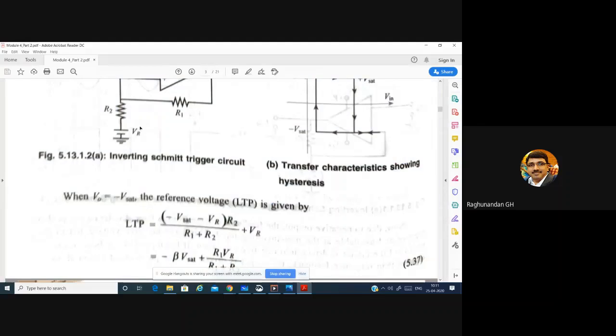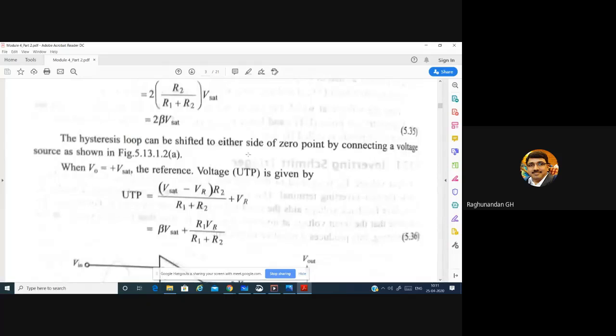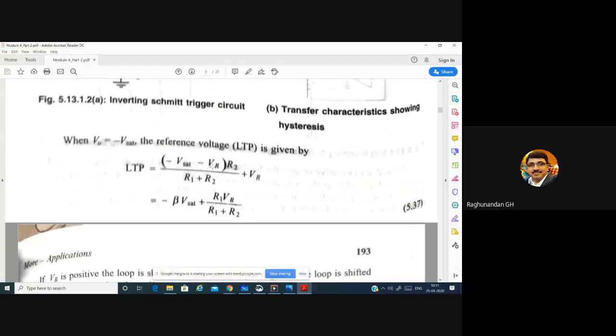So when you are adding this reference voltage, along with our old formula, this plus VR will be subtracted from the V saturation in UTP, and in both the cases it will be subtracted from the V saturation.